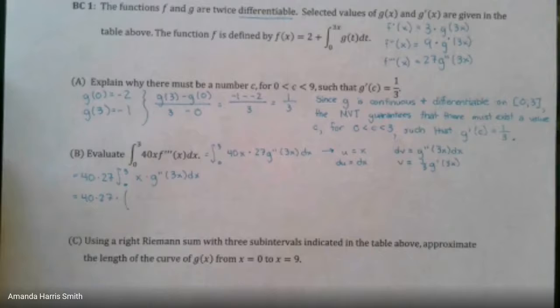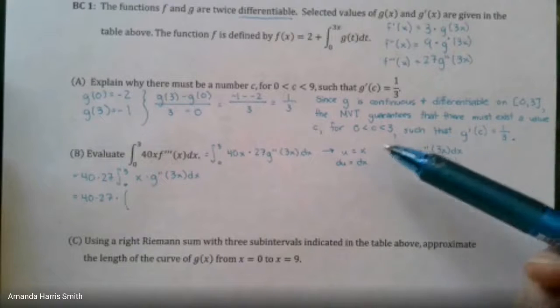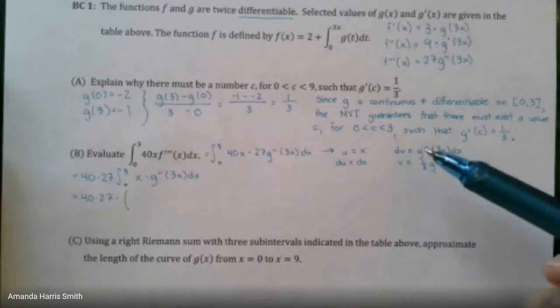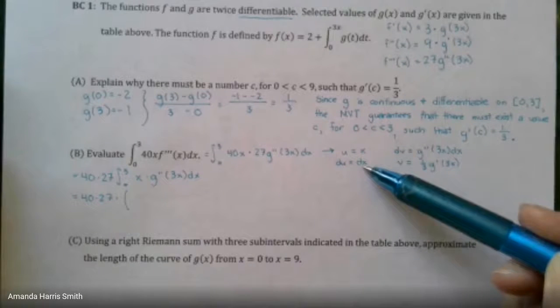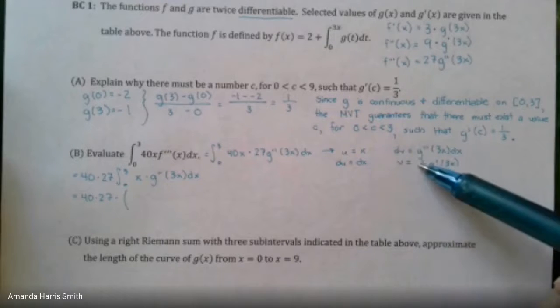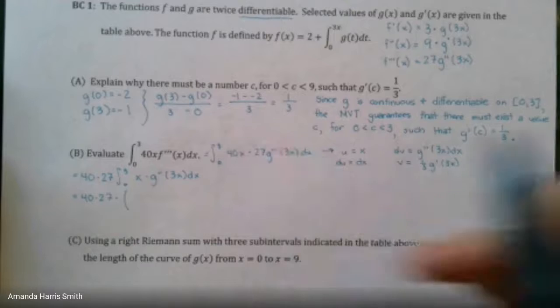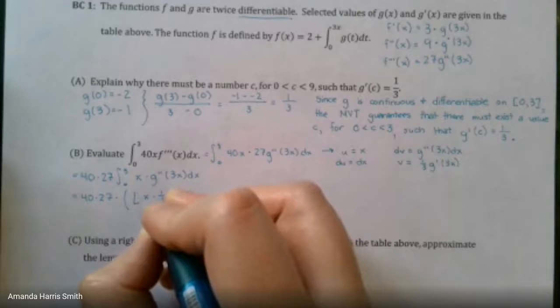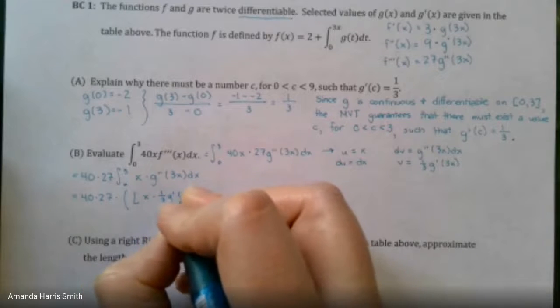Okay. Integration by parts formula, super important. It's a really, really big one. It is u times v minus the integral of v du. Notice the dv does not come back at all, which is kind of the point: we're trying to get rid of this weird derivative thing. Now, this is a definite integral, so the uv is going to be x times 1/3 g prime of 3x.